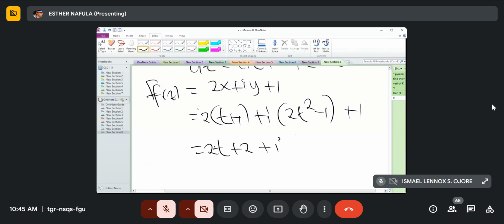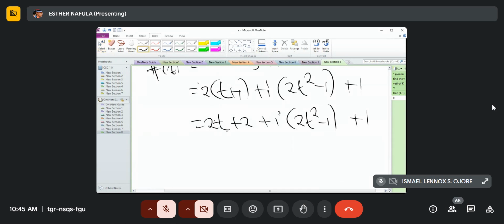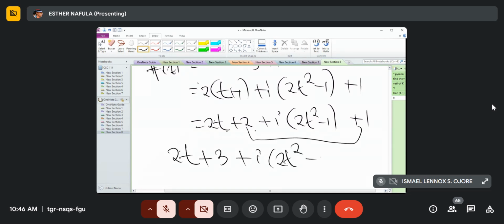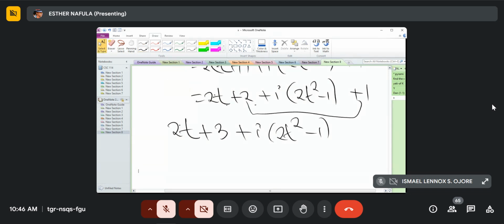We can group together 2 and 1; these two are like terms. 2 plus 1 is 3, so we'll have 2t plus 3 plus i into 2t squared minus 1. So our f of z in terms of the variable t, or simply f of t, is 2t plus 3 plus i into 2t squared minus 1.